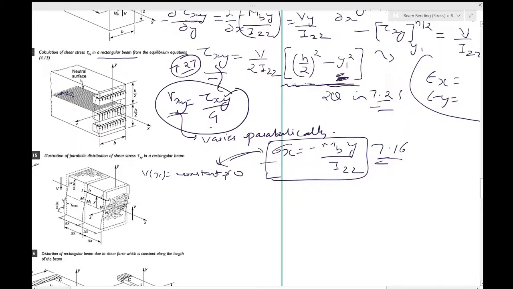I think the reason is that line element. If you have a line element of this form, even after deformation, say along the same x direction, it would remain of the same length, and hence the strain in that direction would be 0. Because the strain in that direction is 0, the stress due to this will also be 0, and hence there would be no difference in the normal stress due to bending when V of x is constant.